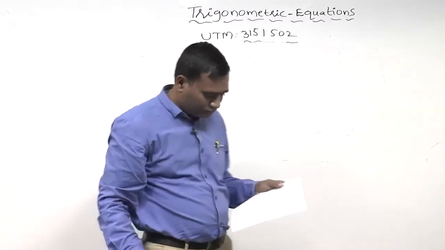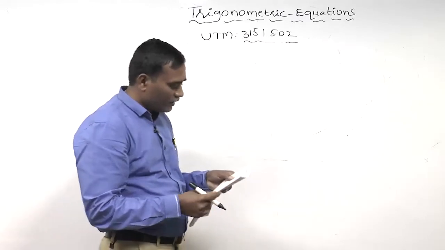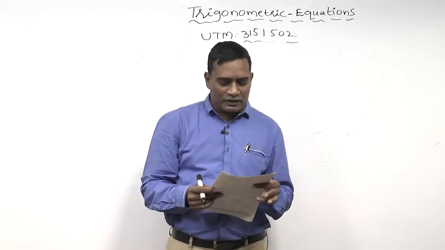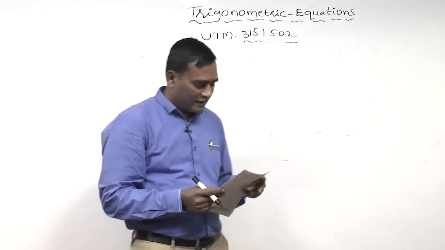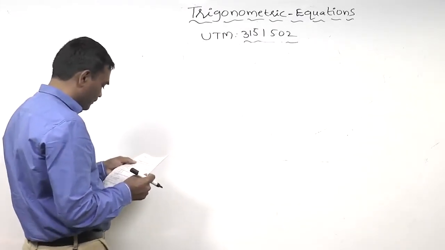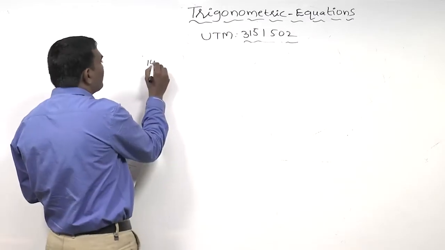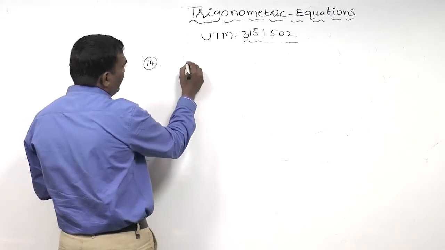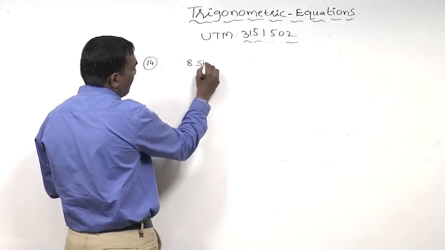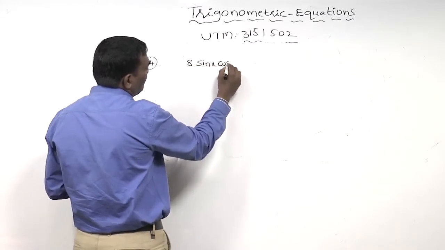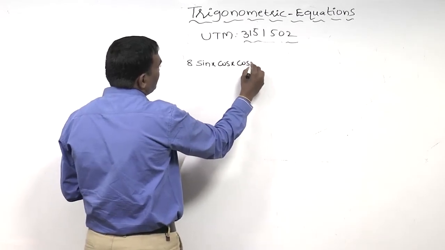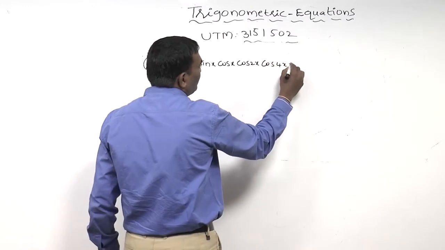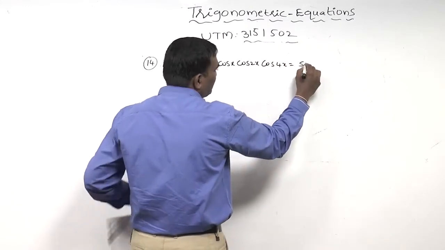14th question. The equation 8 cot x cos x cos 2x cos 4x is equal to sin 6x by sin x. It has a solution given by. So, do cross multiplication. 8 sin x cos x cos 2x cos 4x is equal to sin 6x.